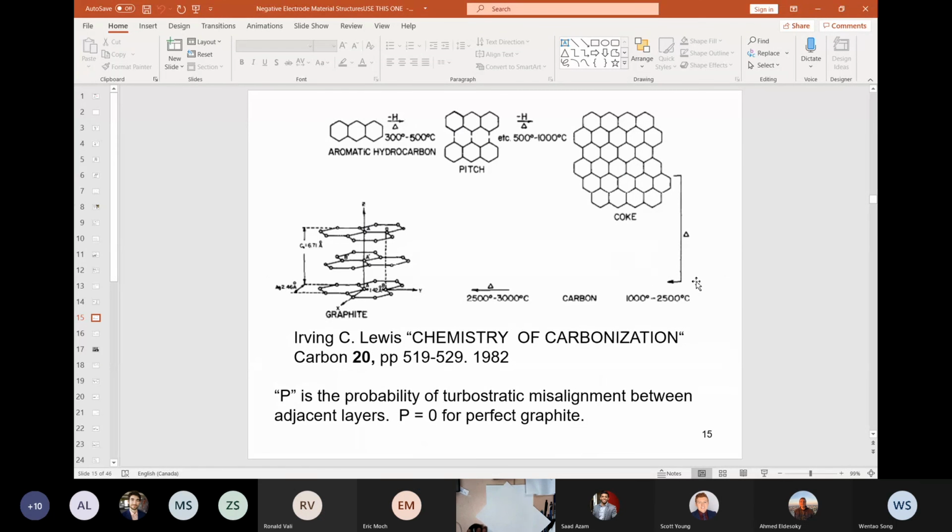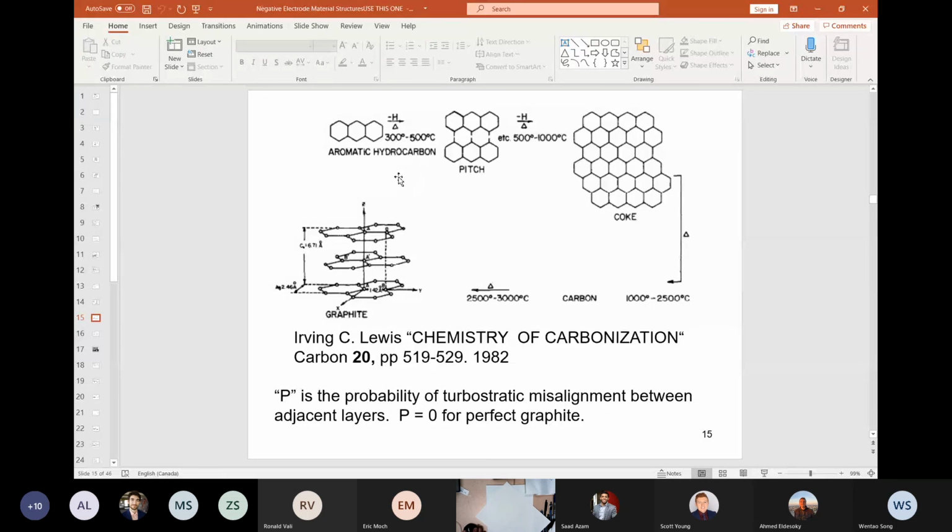So at about 1,000 degrees, the probability for turbostratic misalignment between adjacent layers is 1. All adjacent layers are randomly rotated with respect to one another. In natural graphite, which has had the advantage of high pressure, sitting in the ground for millions of years, the probability of turbostratic misalignment is about 3%. So in between 3% of adjacent pairs, you'll find a random rotation.